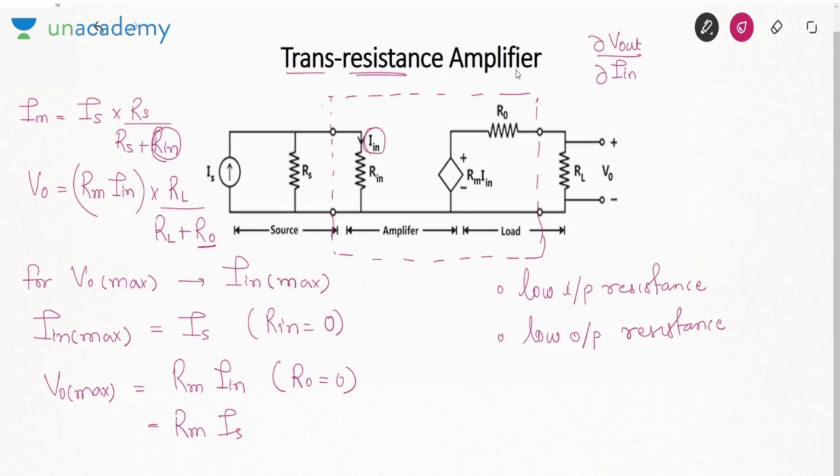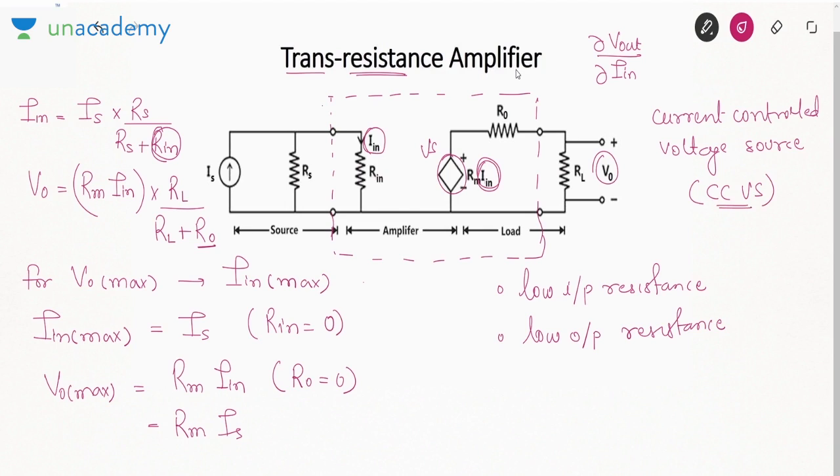And since at the output we are taking the voltage, this is the voltage source, but it depends on the current. If a voltage source depends on the current, it will be called a current controlled voltage source. So it is a current controlled voltage source, CCVS.